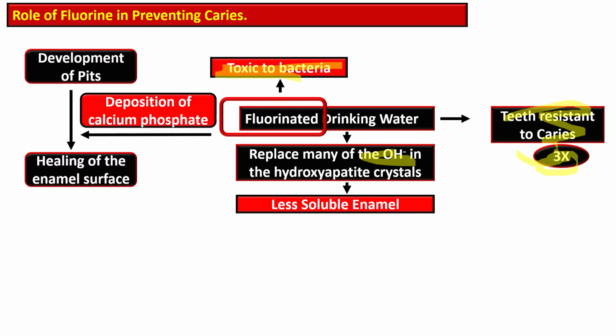It also has a healing effect when a small enamel pit forms. The fluorine promotes calcium phosphate deposition, and this will heal the enamel surface. So overall, children drinking fluorinated water develop teeth that are about 3 times more resistant to caries than those without fluorine exposure.